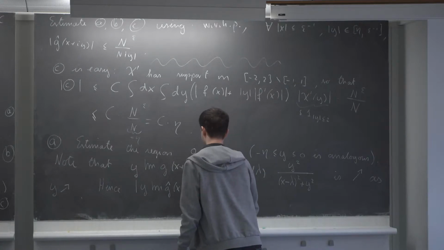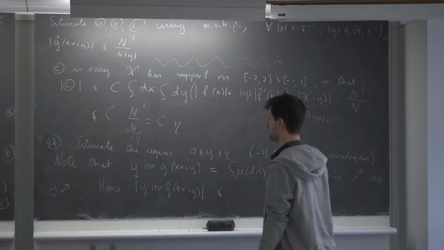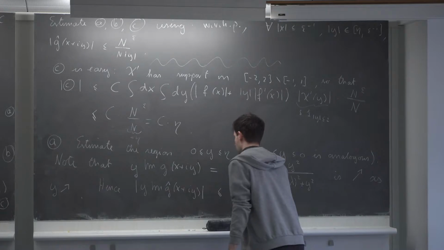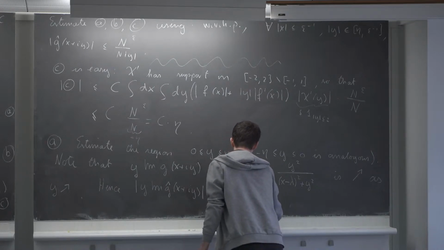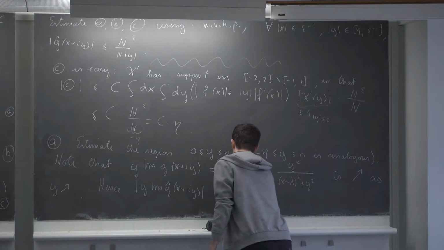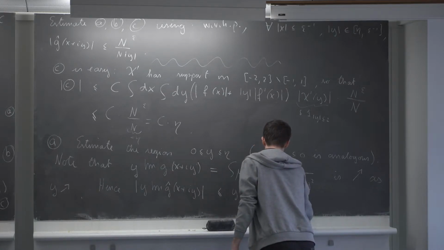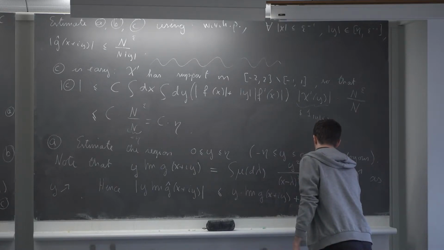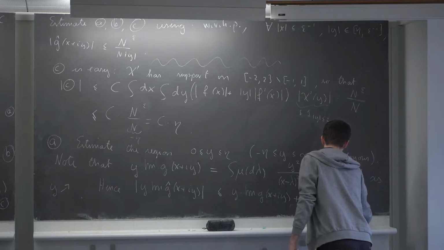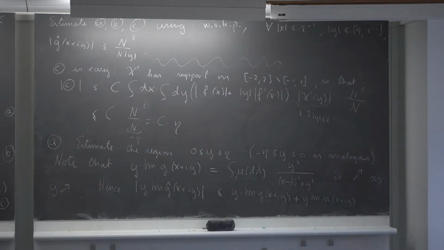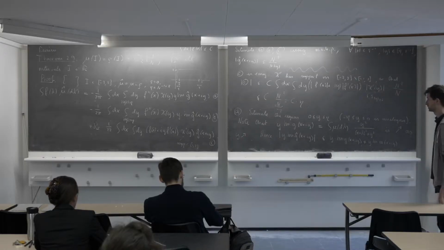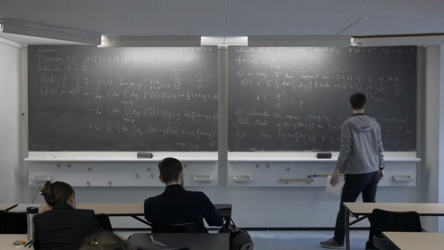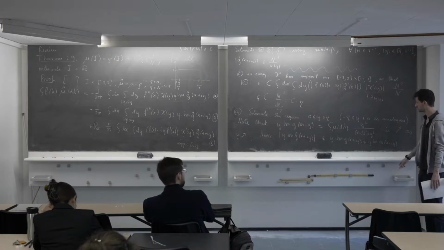And this I will estimate just stupidly using the triangle inequality as y times the imaginary part of g, which is now positive, x plus iy, plus y times the imaginary part of m, x plus iy. Okay, so here I don't use the cancellation between these two factors. I just use the triangle inequality. This is the difference between these two guys, and I just take the plus sign.